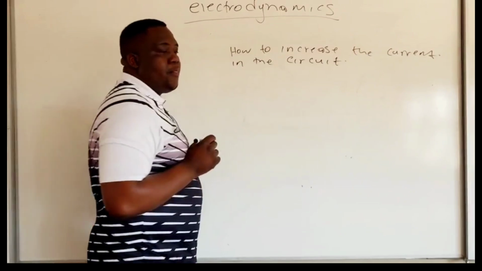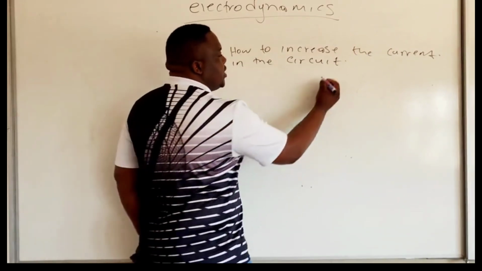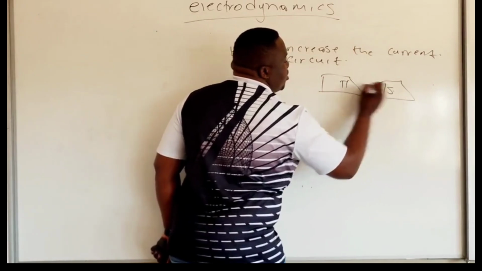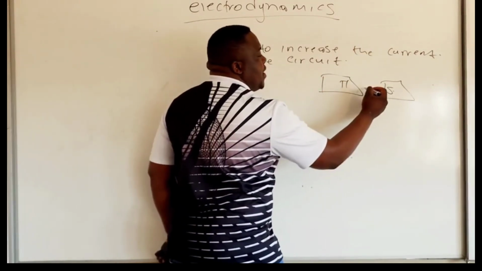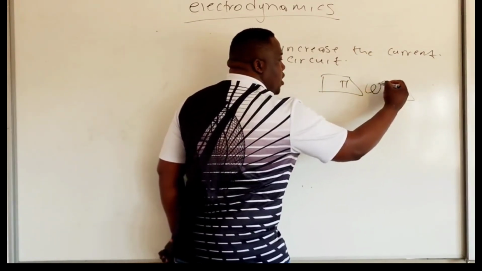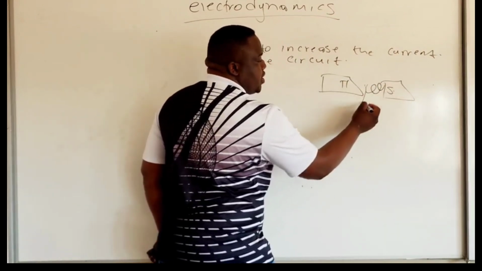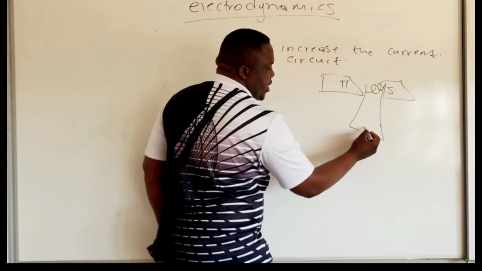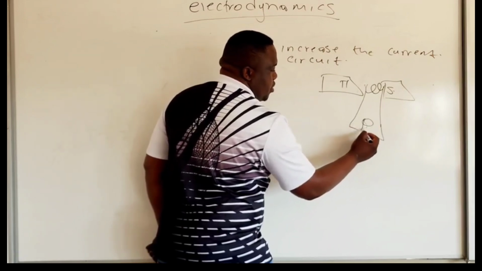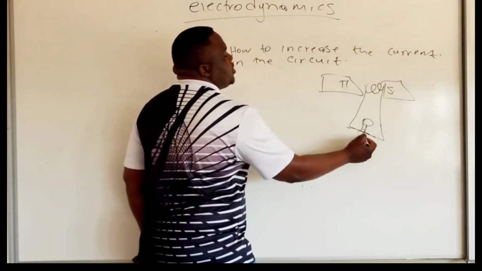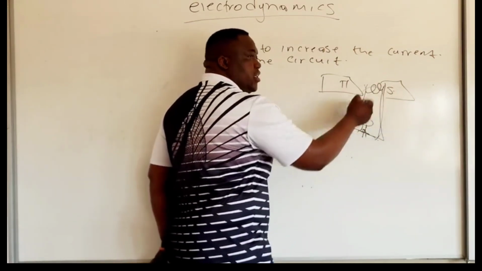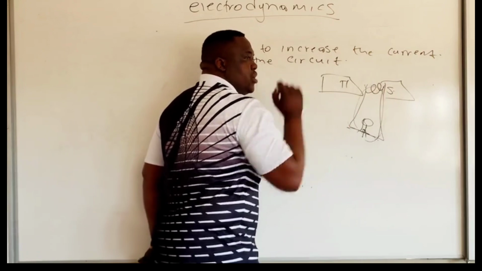Remember that I have two magnets, north and south. I'm going to have the coil of wires, which I can make a circuit. Then I connect maybe a bulb here. I'm just giving you an example. I connect a bulb here. It forms a circuit where current is going to circulate.